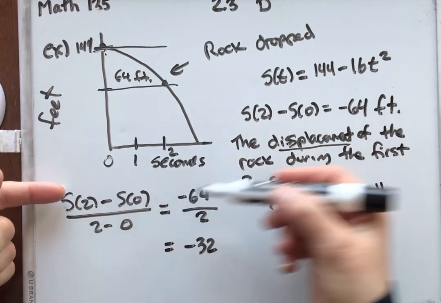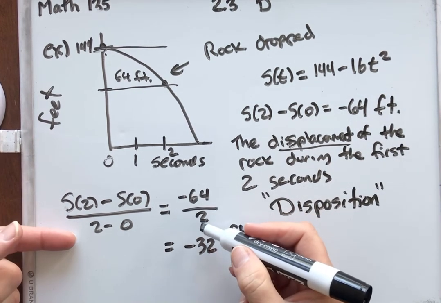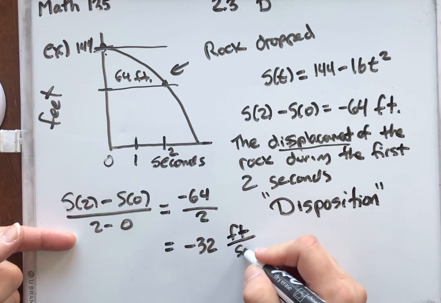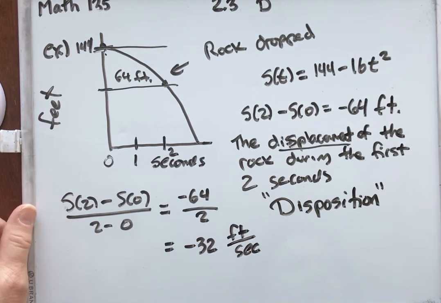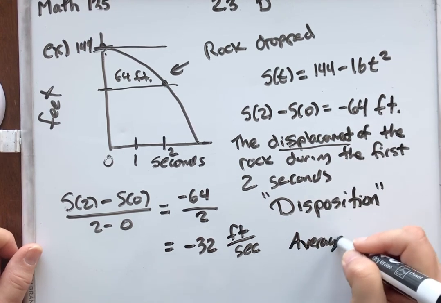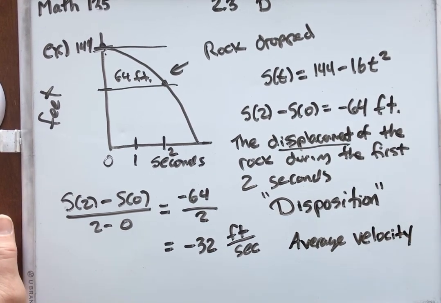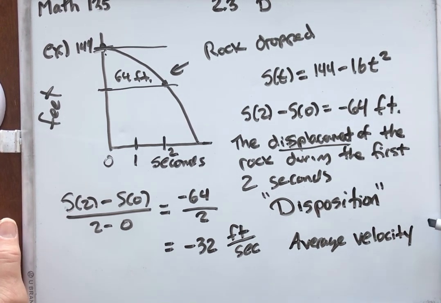Well, this was feet, and this was time in seconds, so feet per second. So what does this represent? It represents the average velocity.